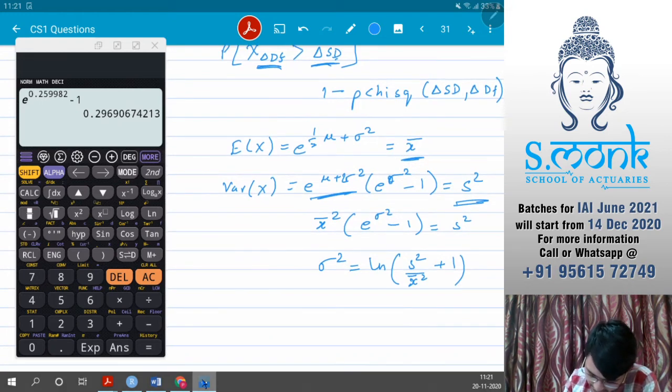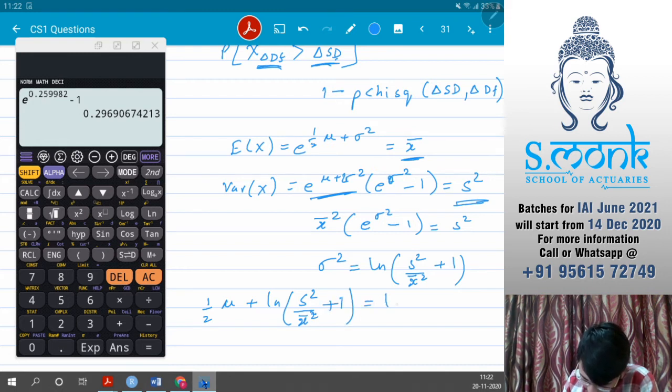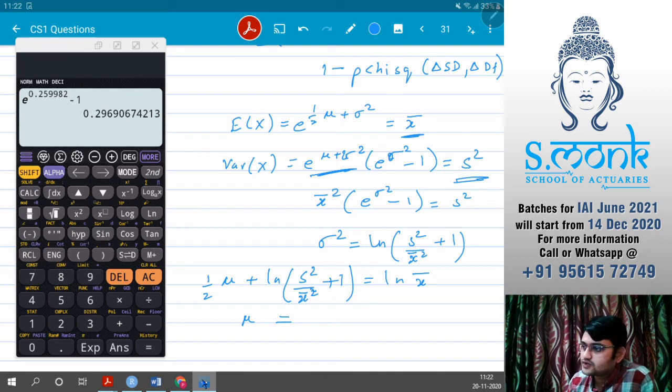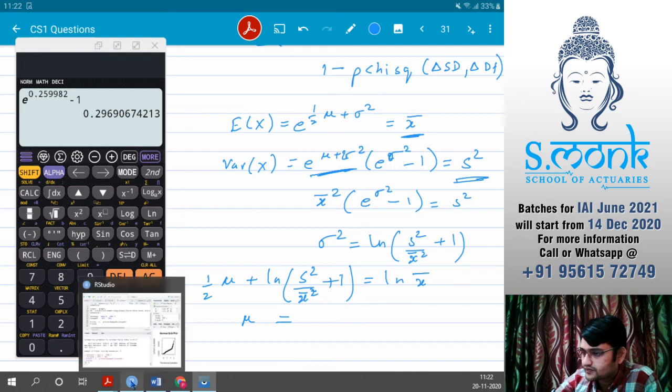Let's substitute that here. You will have mu plus half log of s square by x bar square plus 1 be equal to log of x bar. So your mu will be whatever, and there you will substitute the values and you will get estimates of mu and sigma square.